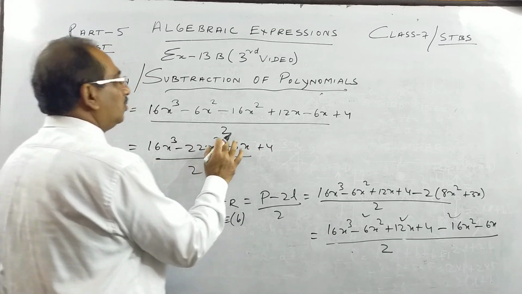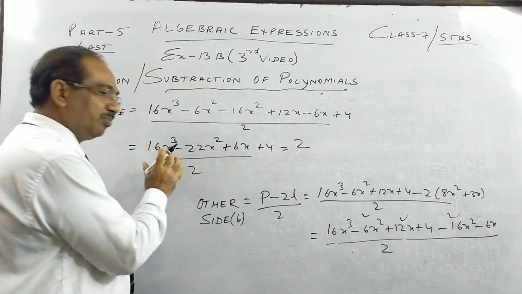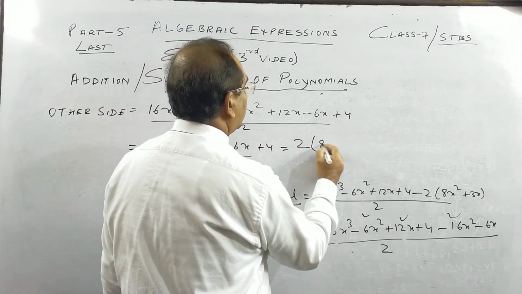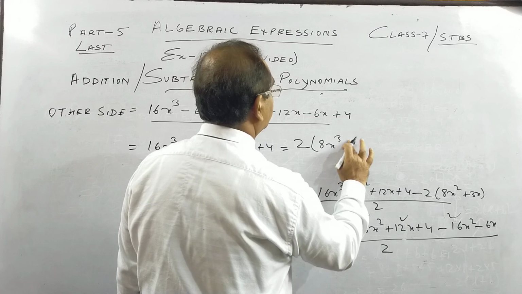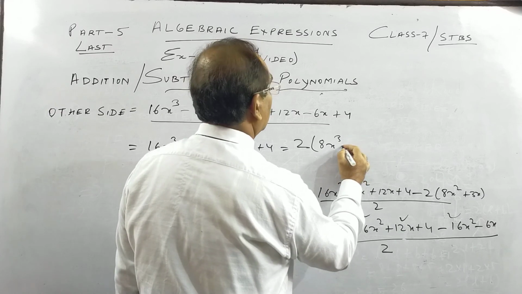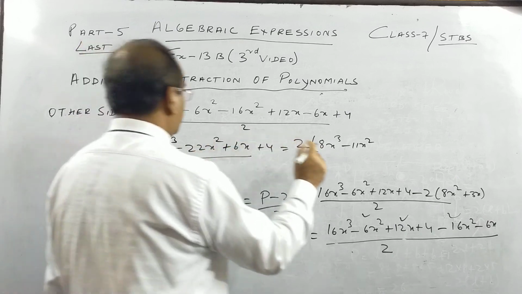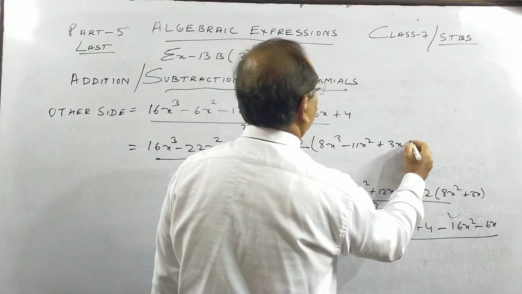So here what you do, children, take 2 common. This may be a little harder for you. Take 2 common from the numerator. So it becomes 8x cube minus 11x square, just the half you take. 16 becomes 8, 22 becomes 11, 6 becomes 3, and 4 becomes 2.